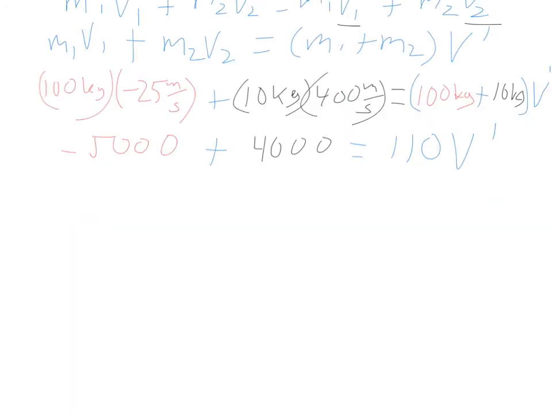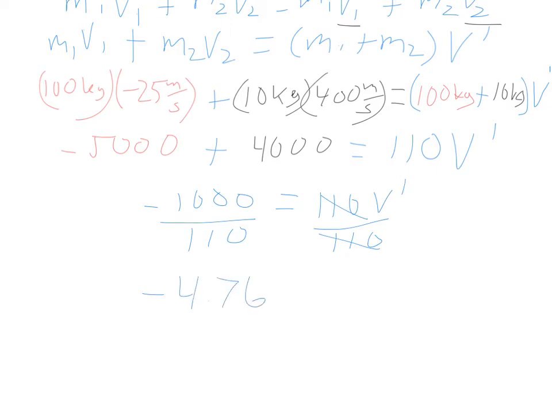All right, so jumping back down here, I wind up with negative 1,000, which is the sum of adding negative 5,000 and positive 4,000, equals 110 times v prime. And then my last step is to divide out that 110. So that cancels, and I go to my calculator and find negative 4.76 as my answer.